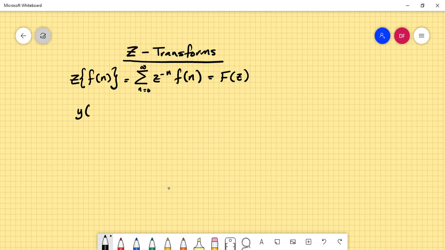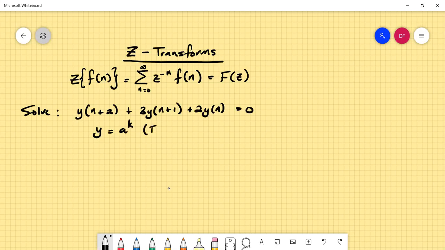We had looked at last time that if we had to solve this difference equation, what we would have done is let y be equal to a to the k. That is our test.